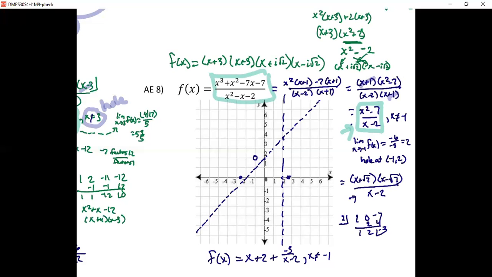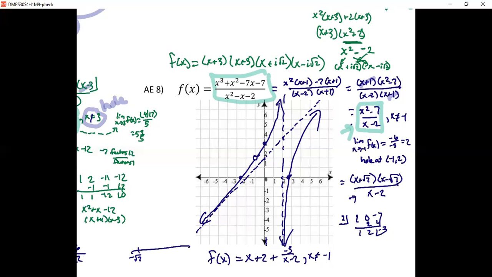And then hopefully you can see what's going on. I guess I haven't found the y-intercept yet. Y-intercept, if I plug in 0, I will get 3.5, which would be right here. And this is where I hope you could see the progression of what this graph is going to do, which will be, oops, not over there, right here. And if I did the number line test, I had square root of 7, negative square root of 7, that is.